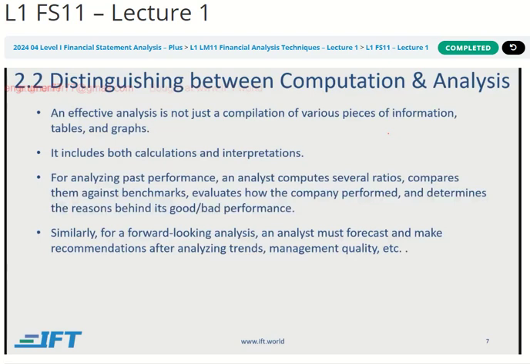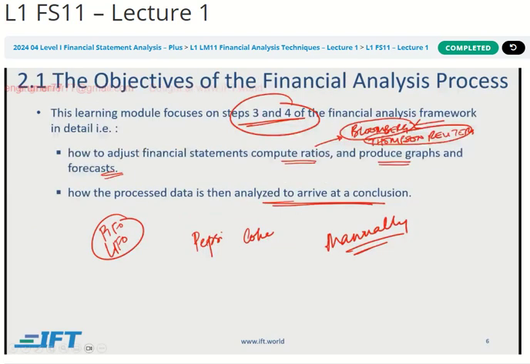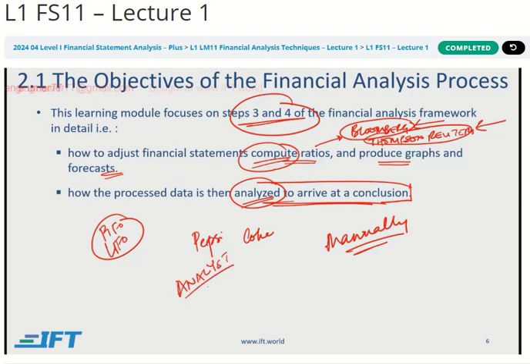One more thing that I want to emphasize when we talk about arriving at a conclusion is the difference between computation and analysis. Computing the ratios is only half the work, and you can even get that from third parties. As an analyst, of course, your real value addition comes in with what conclusion you're going to arrive at looking at those ratios, right?